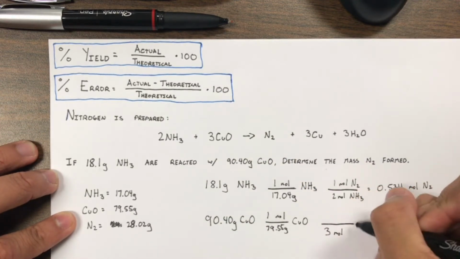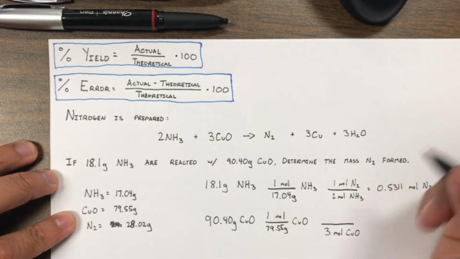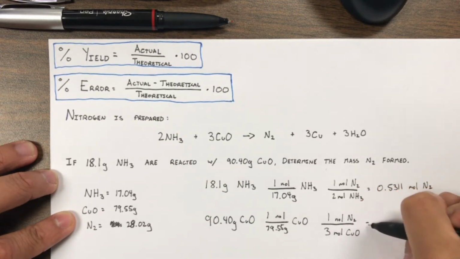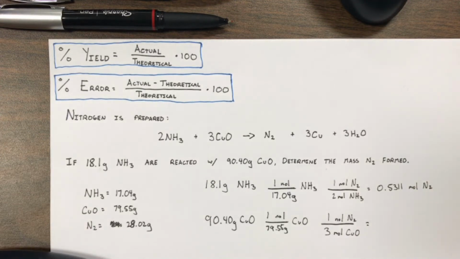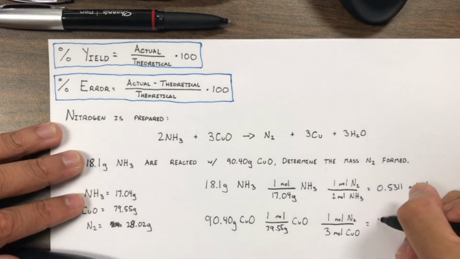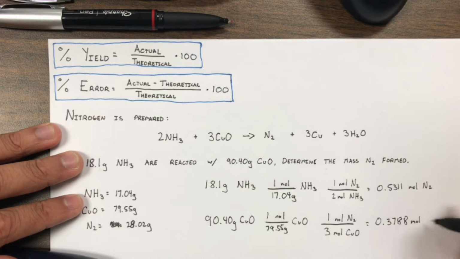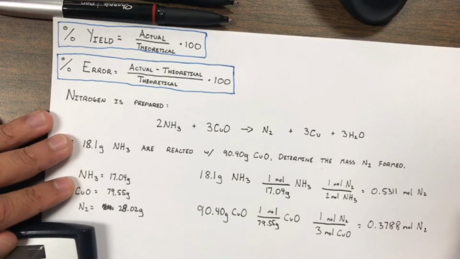So according to the balanced chemical equation, I have 3 moles of copper oxide for every 1 mole of nitrogen. So 90.4 divided by 79.55 divided by 3, I get about 0.3788 moles of nitrogen.